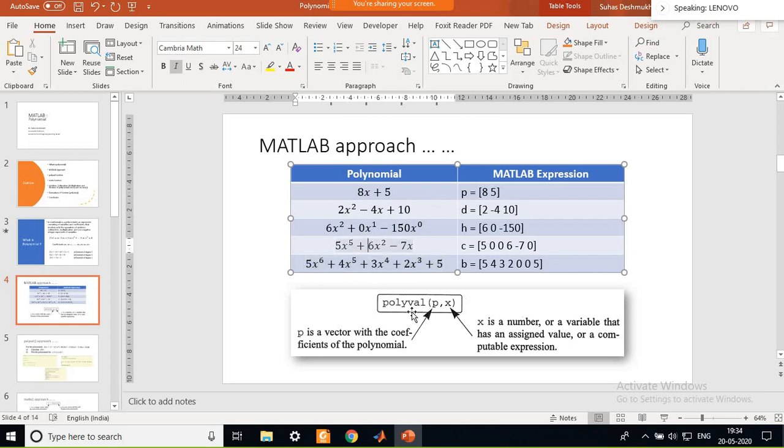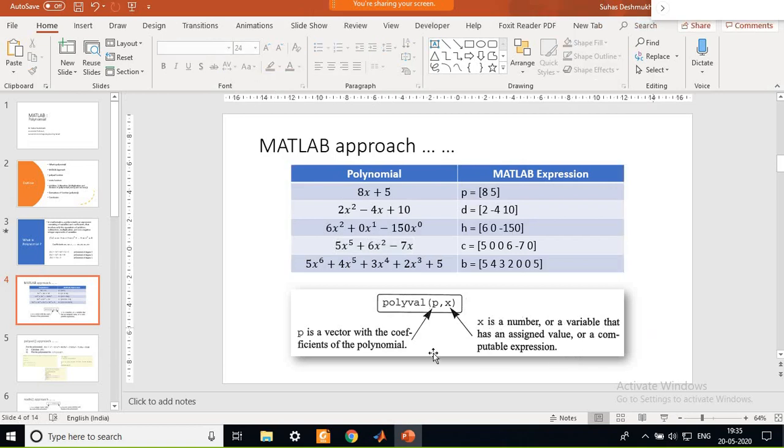And when you want to determine the value of the polynomial at a particular value of x, the function mostly used is polyval. In polyval we need to supply two arguments. One argument is the coefficients of the polynomial. The other argument is the value of x at which you want to determine the polynomial, that is, x is a number.